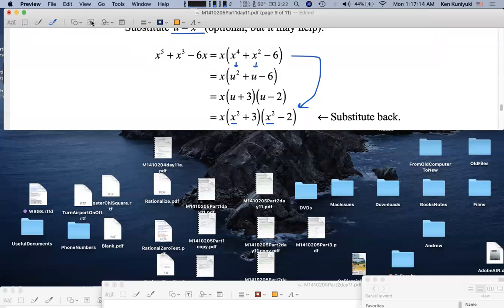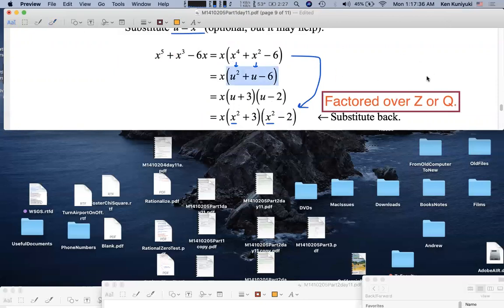Now, at this point, we have factored this completely over Z, the set of integers, or for that matter, Q, the set of rational numbers.